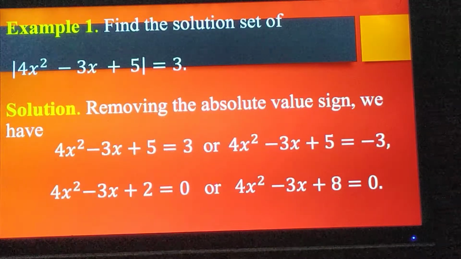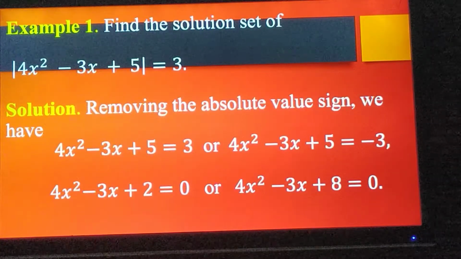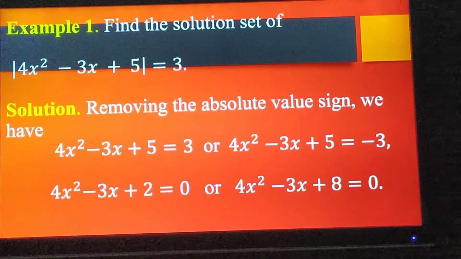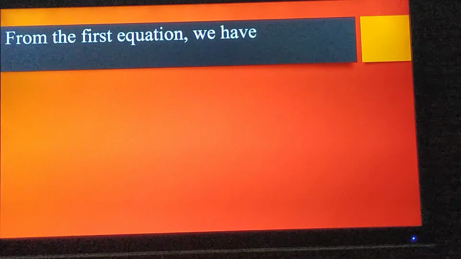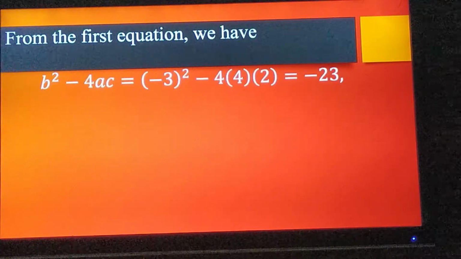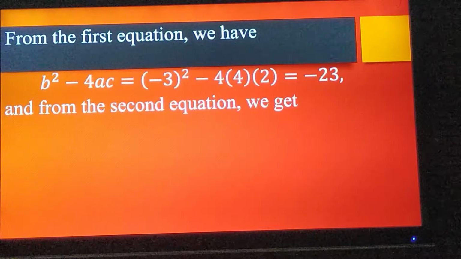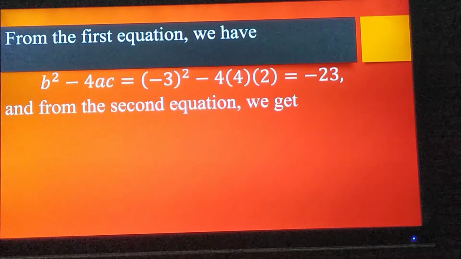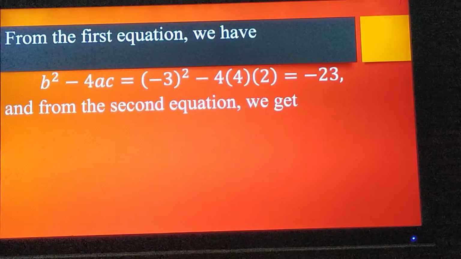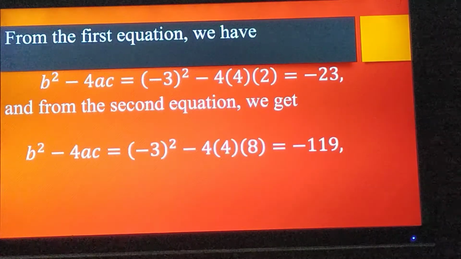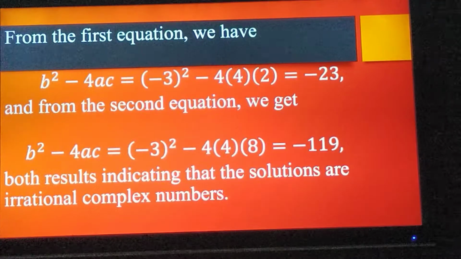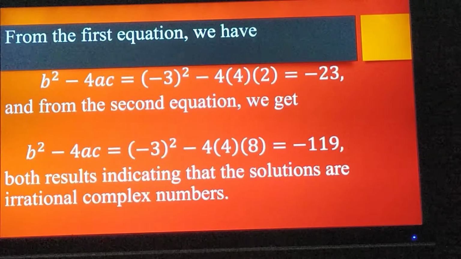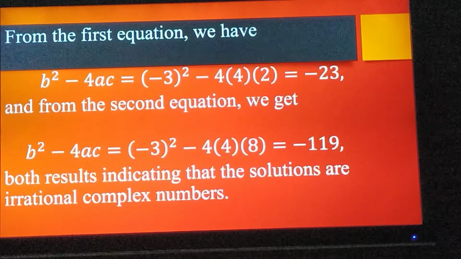Each one reduces to 4x squared minus 3x plus 2 equals 0, or 4x squared minus 3x plus 8 equals 0. From the first equation, we have the discriminant b squared minus 4ac equals negative 23, and from the second, the discriminant is equal to negative 119. Both results indicate that the solutions are irrational complex numbers.